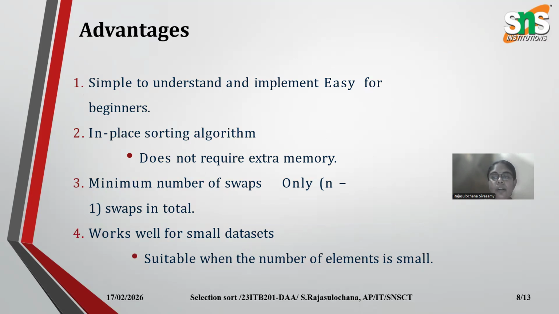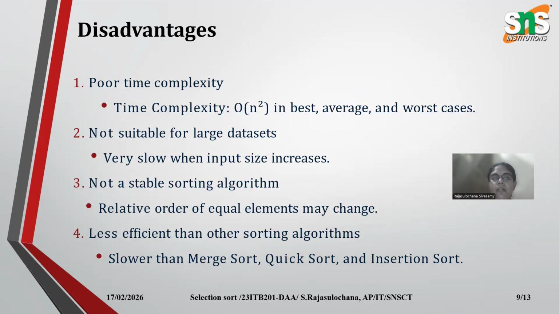It is also called an in-place sorting algorithm, which means it does not require any additional array or any extra memory to perform sorting. It requires n minus 1 swaps in total. So it works well when the data set is smaller, and it is also suitable when the number of elements is smaller.